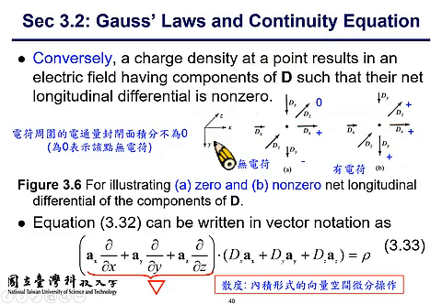So we transform equation 3.32 as the dot product of the del operator and the electrical flux density equals the electrical charge density rho.